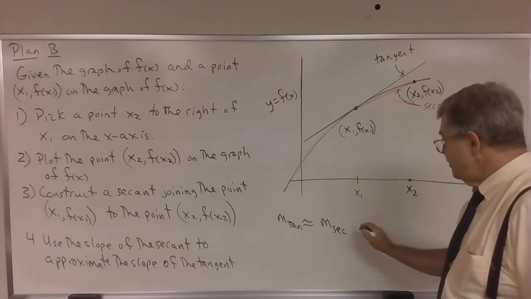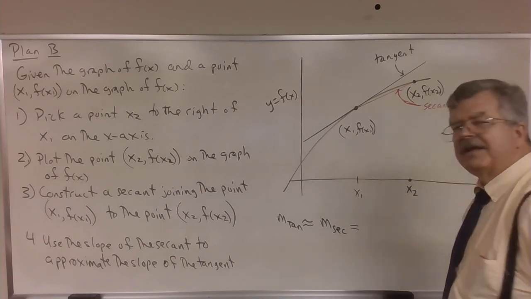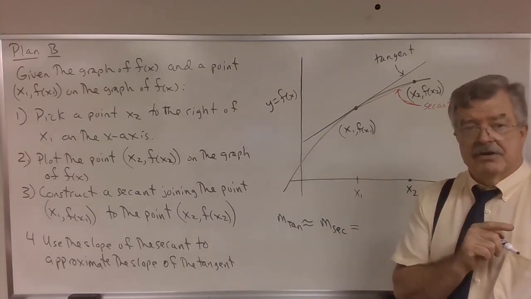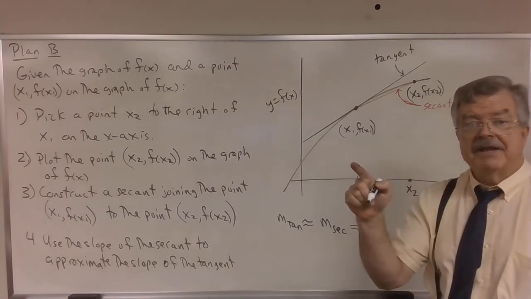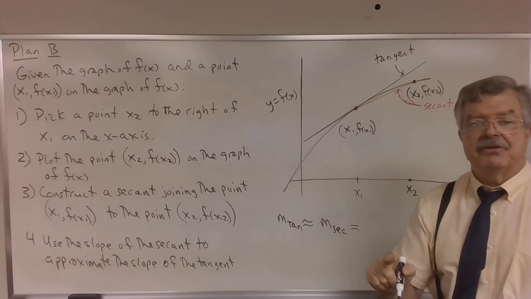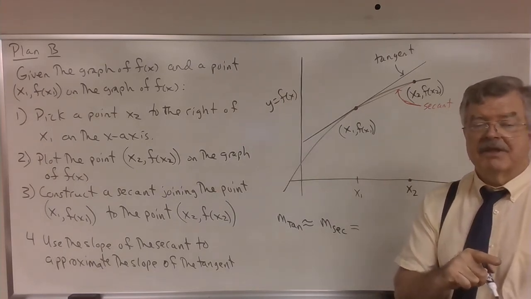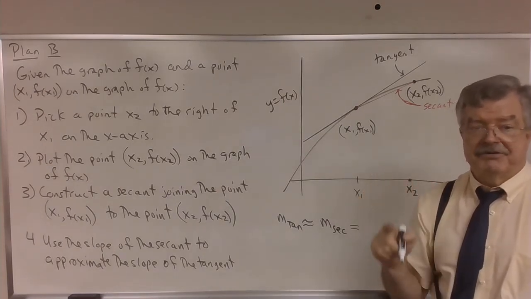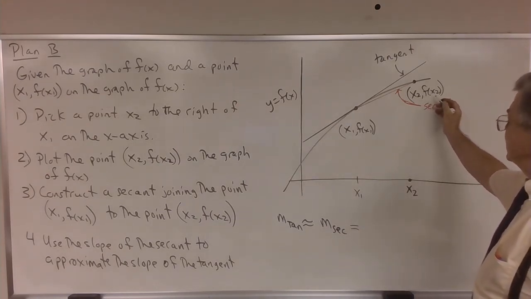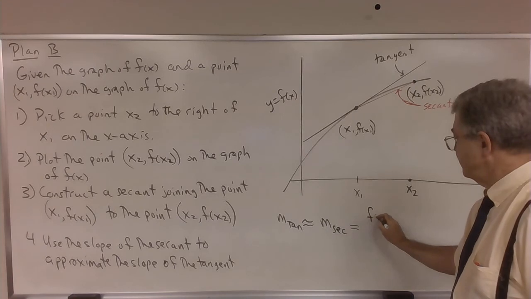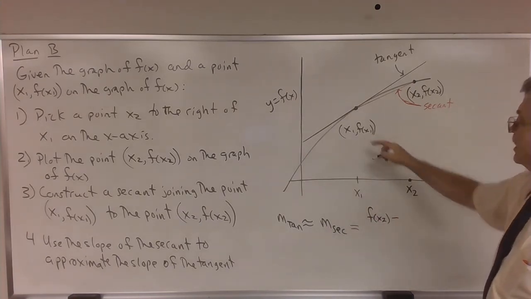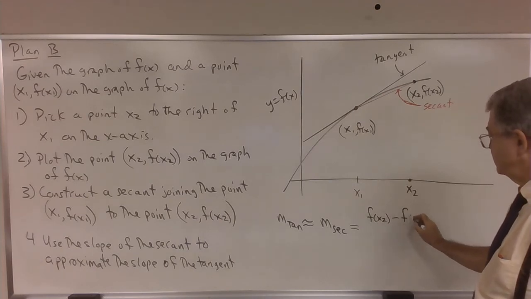So let's see, how do I compute the slope of the secant? Didn't we say earlier that it was y2 minus y1 over x2 minus x1? Change in y over change in x. So here's y2, f of x2. Here's y1, f of x1.